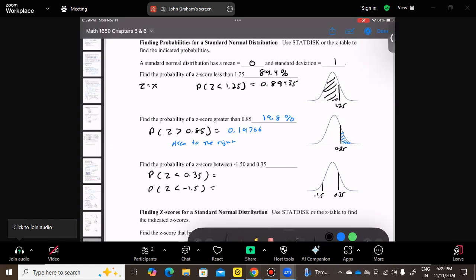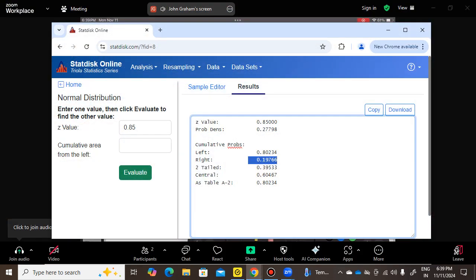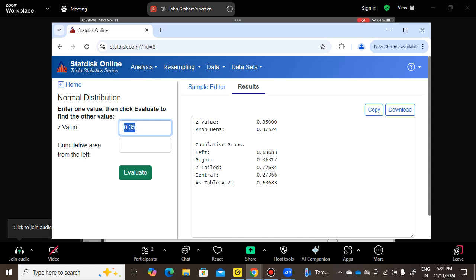Okay, let's get those numbers. 0.35, and we get 0.63683. Negative 1.5, and we get 0.06681.